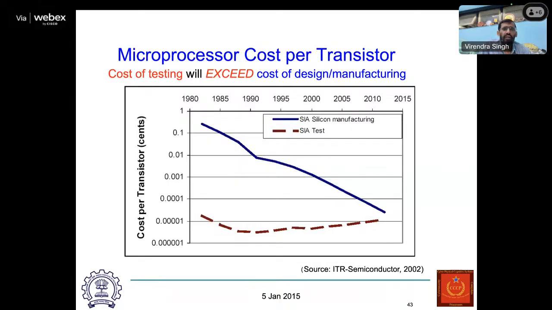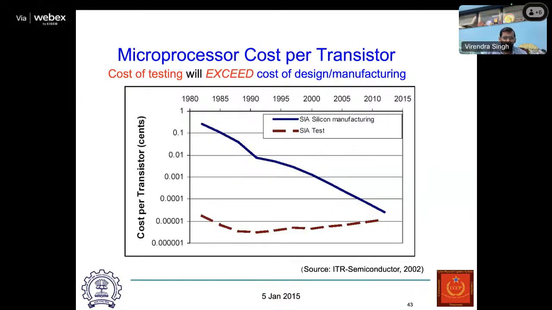So this is one of the studies conducted by Intel many years ago. It's a bit dated, but the trends are the same. What they studied is how much cost it incurs when they design and manufacture a transistor, and how much cost it incurs when you are testing that particular transistor.